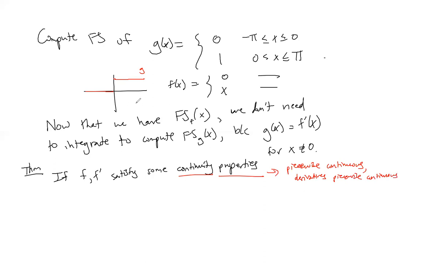Basically what that means is that it's almost continuous except for finitely many points. So anytime you invoke a theorem, you want to make sure that it satisfies the correct assumptions. If you're going to write this on an exam, make sure to state the proper assumptions and check them. In this case, they satisfy the continuity properties.